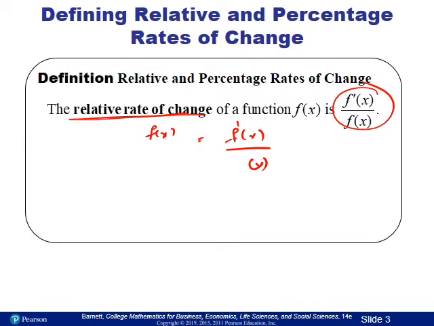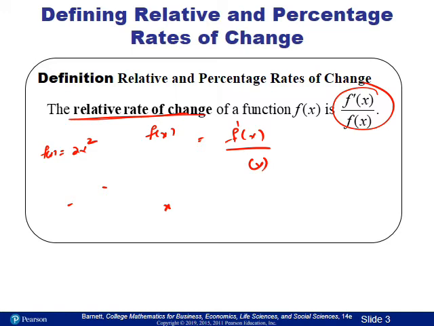For example, you are given a function, let's say f of x equals 2x squared. Its relative rate of change will be, derivative of 2x squared is 4x, so relative rate of change will be f dash of x over f of x, which is 4x over 2x squared.